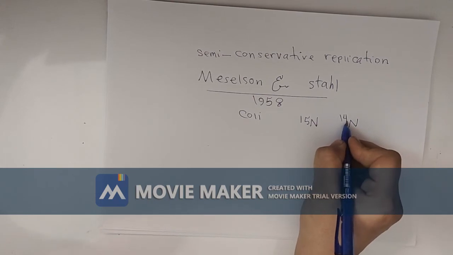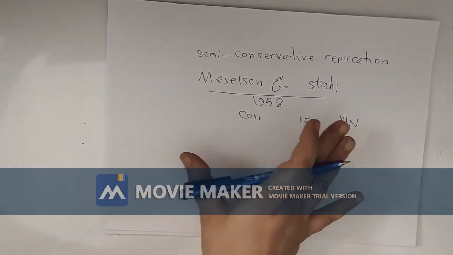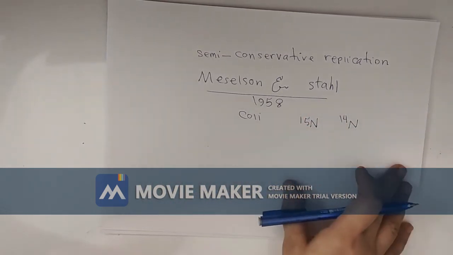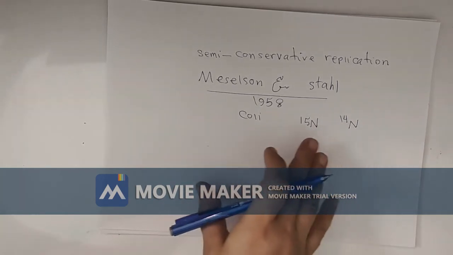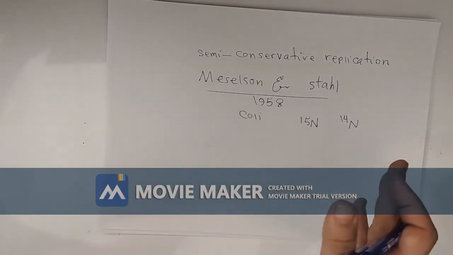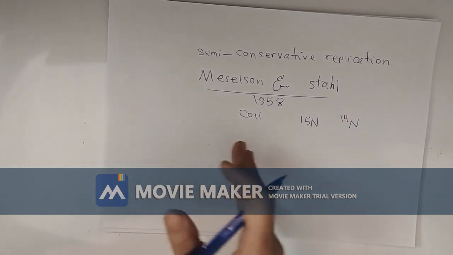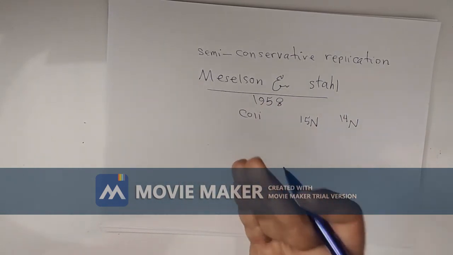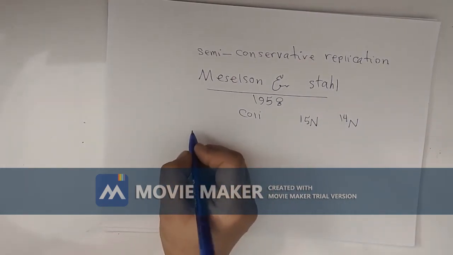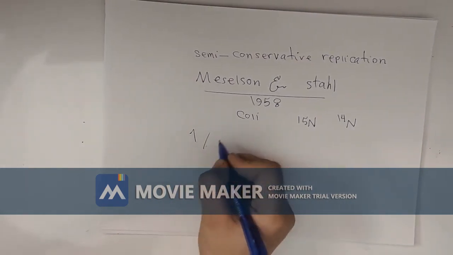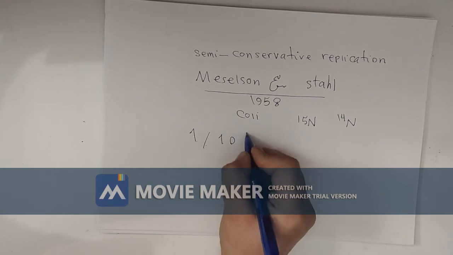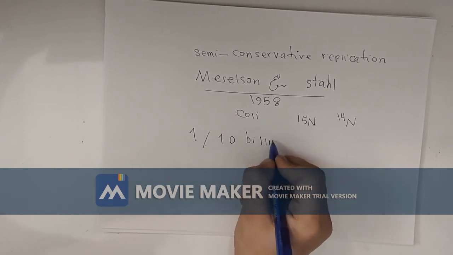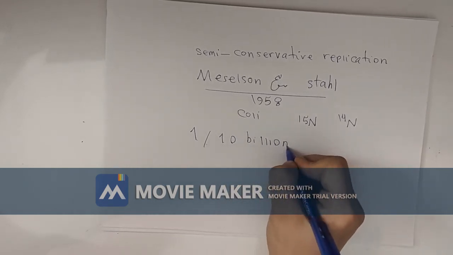They did this to demonstrate how the density of the DNA changes over the generations as the N15 isotope was replaced with the N14 isotope. Sometimes DNA replication makes a mistake, about 1 in every 10 billion nucleotides.